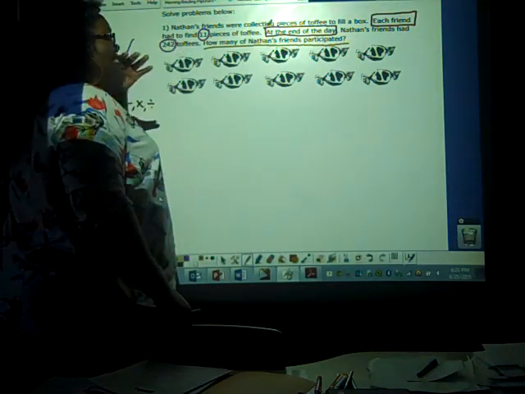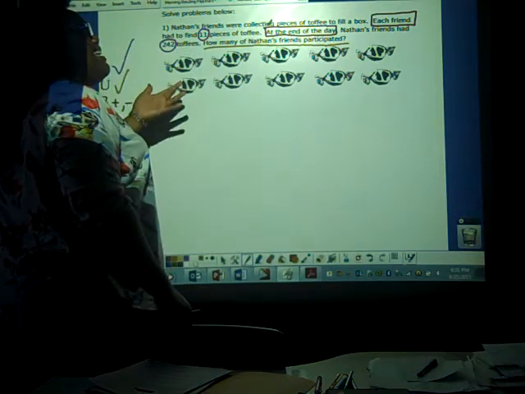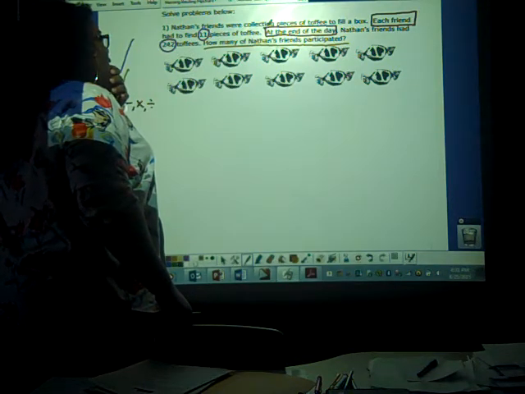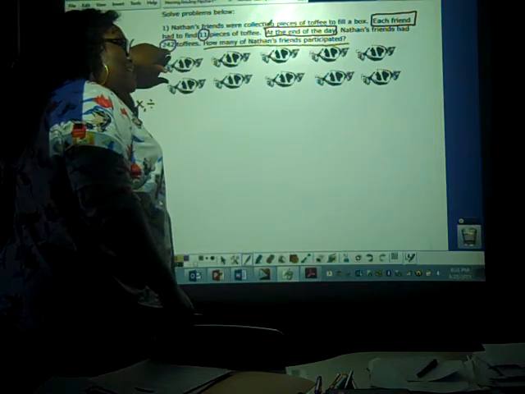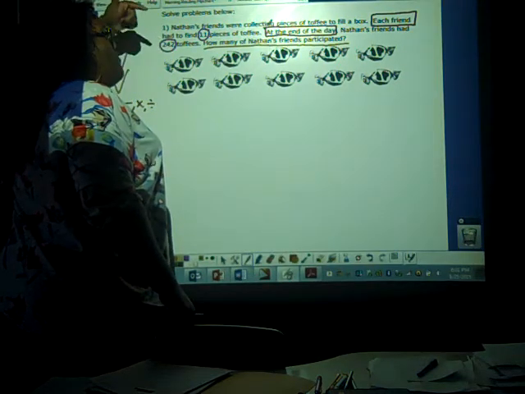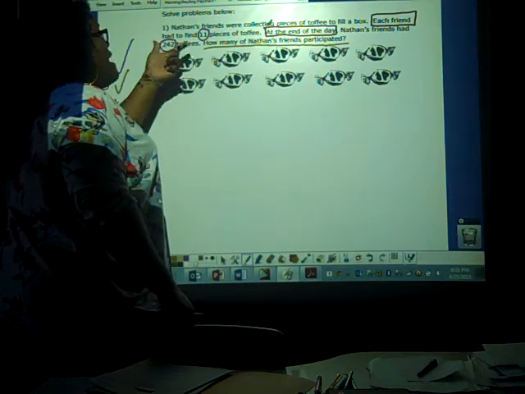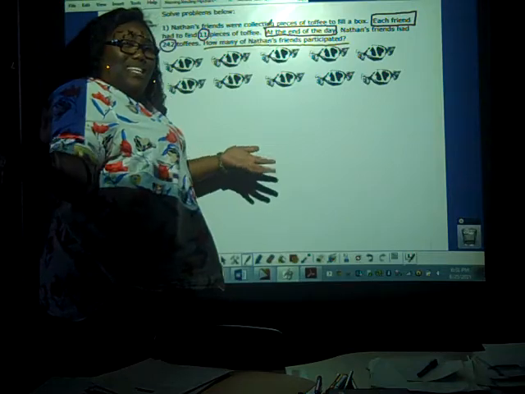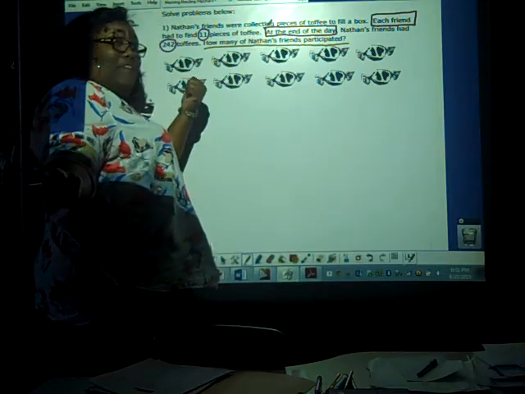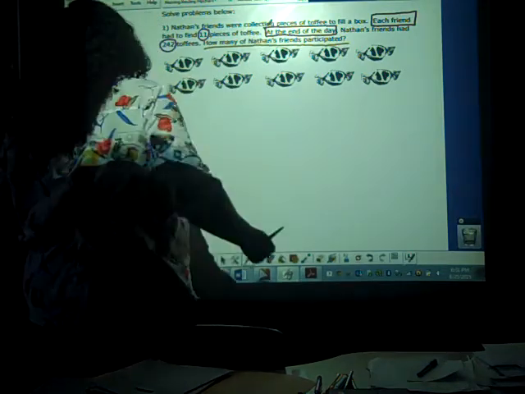But each person had to find 11 pieces. But we don't know how many friends participated in this toffee hunt. So let's figure that out.